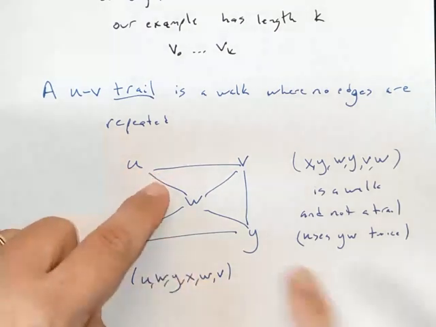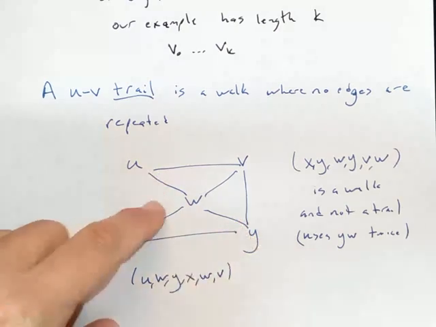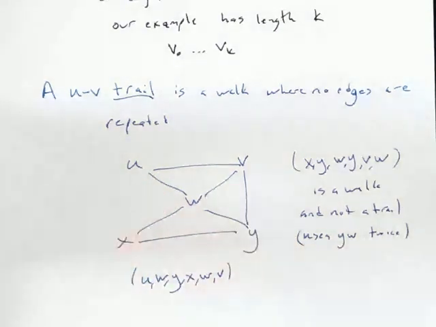U to W, W to Y, Y to X, X to W, W to V. I never crossed the same edge. I did hit the same vertex more than once. But notice my definition of trail only talks about edges.